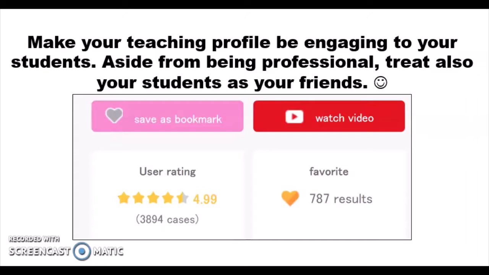At the same time, you should not forget that even though you treat them as your friends, you have also to be professional, and do not forget the reason why you are with them: in order for you to teach them how they are going to develop their English skills. Do not forget also to confirm their requests in terms of teaching English before the beginning of the lesson.